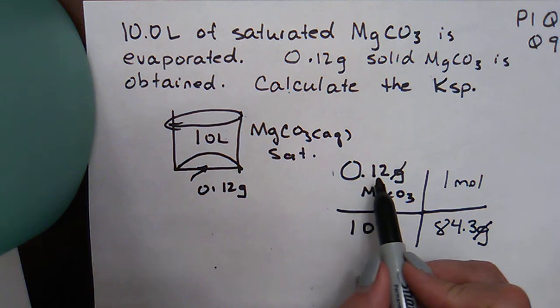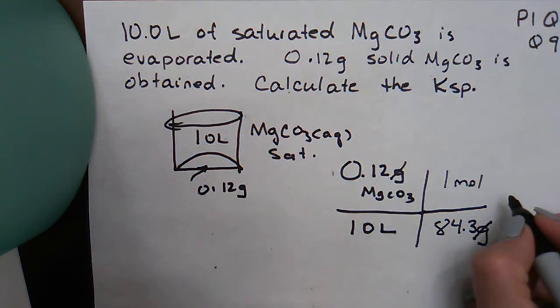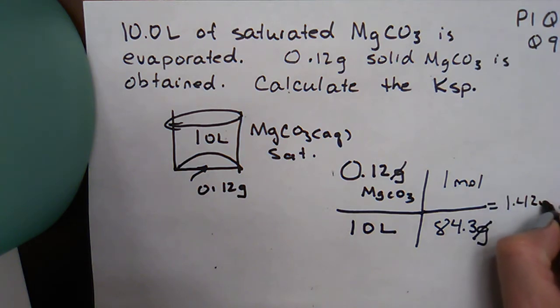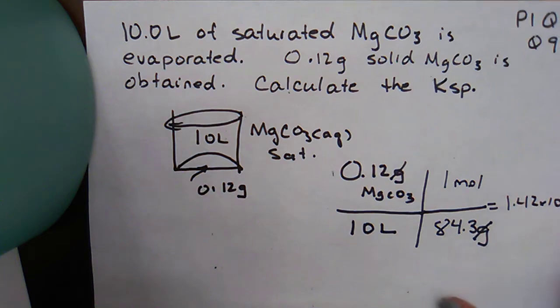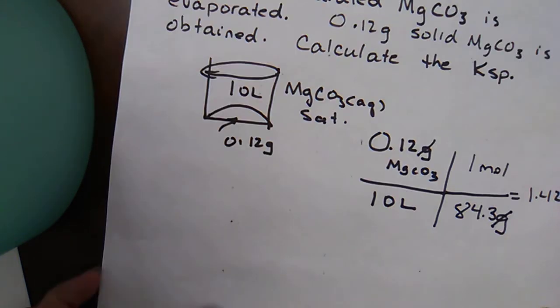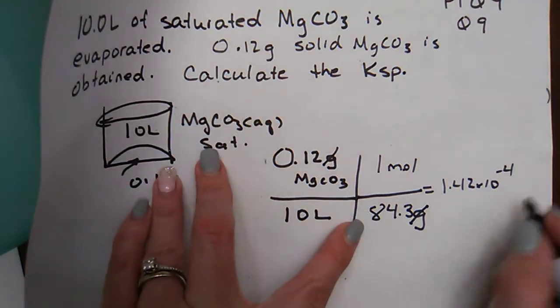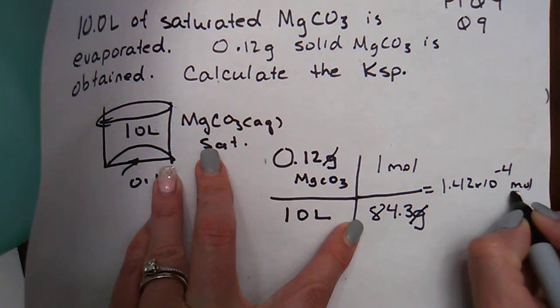So 0.12 divided by 10 divided by 84.3, we're going to get 1.42 times 10 to the power of -4. Okay, that's how much we're going to have in moles per liter.